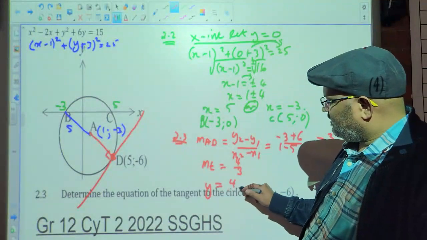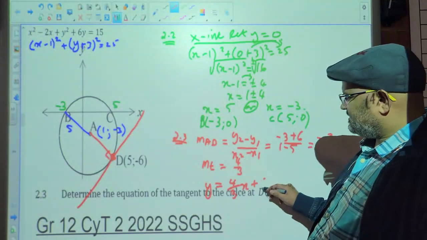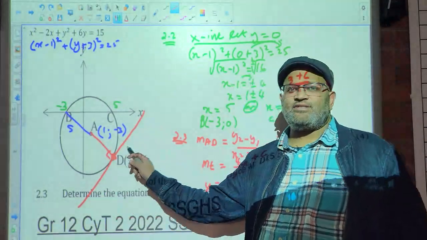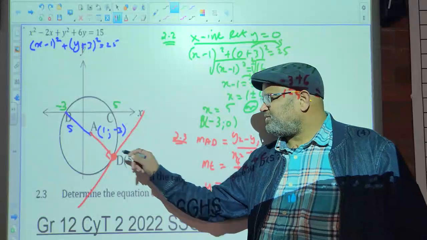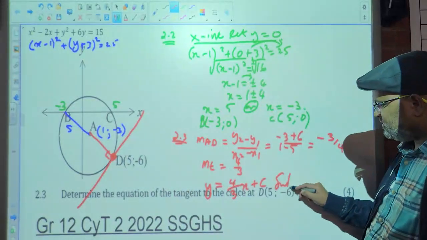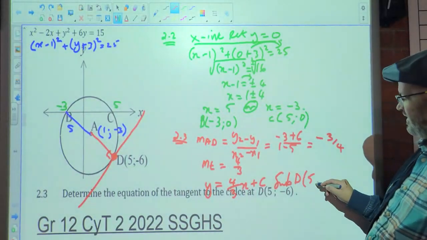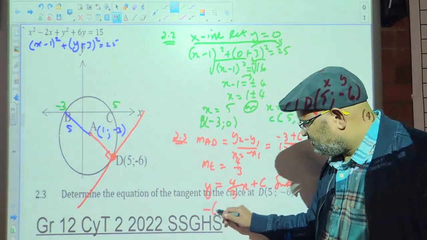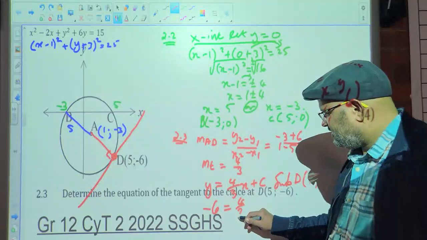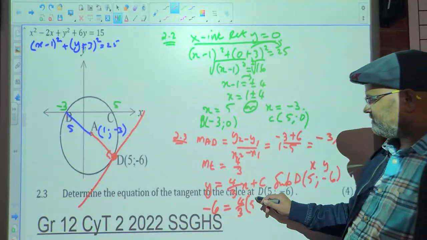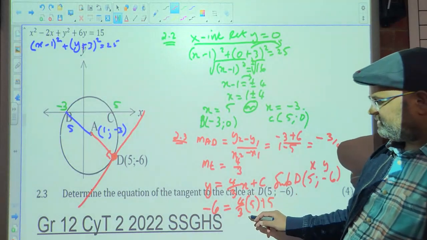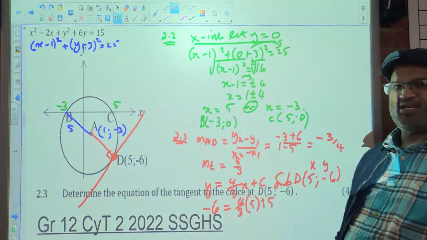y is equal to 4 over 3x plus c. So to calculate the c value on this line, we're going to substitute the point that's lying on this line. So we're going to substitute D, which is 5 and negative 6, remembering that's an x and a y. So negative 6 equals 4 over 3 times 5 plus c. So that's 20 over 3. Take it over, becomes negative 20 over 3.